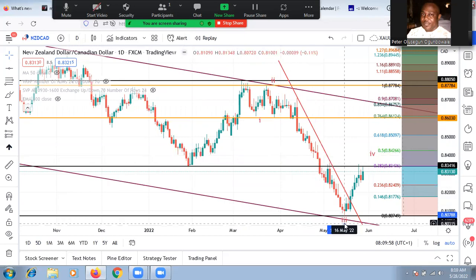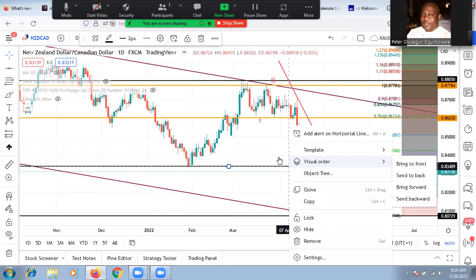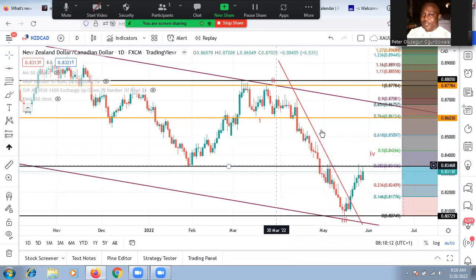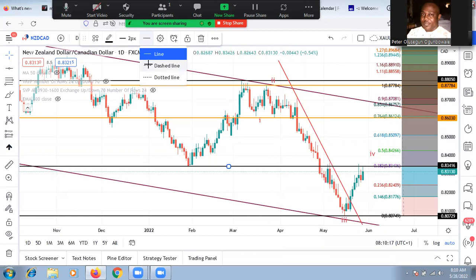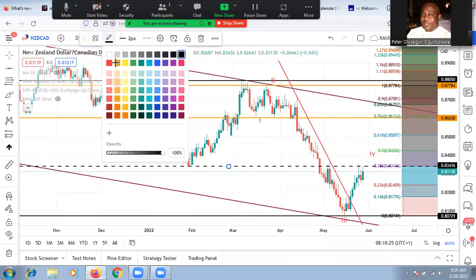Okay, so where would 4 be? 4 would either stall at 38, which is exactly at the level of this. This is 38. At that level of support or resistance, that is 38. You can see it actually, it's well laid at that level.